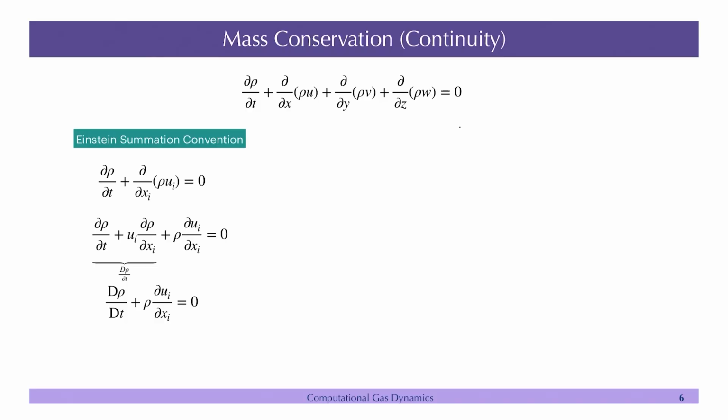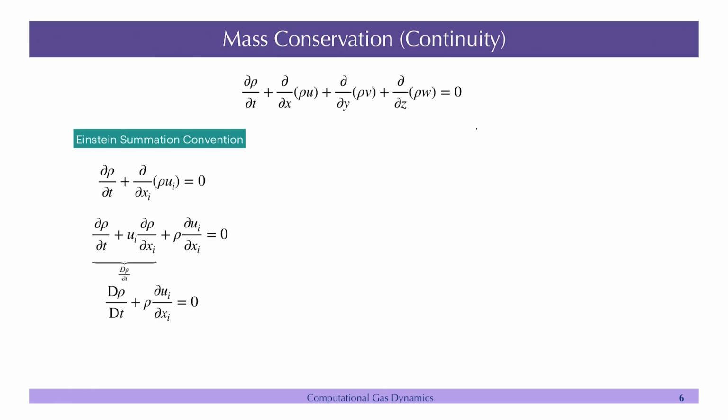For the mass conservation it does not matter, because viscosity does not affect the mass conservation law, whether it is Euler or Navier-Stokes. The mass conservation remains the same, and you might have gone through the Reynolds transport theorem, or if you take a finite volume or a finite element, you can derive these equations.